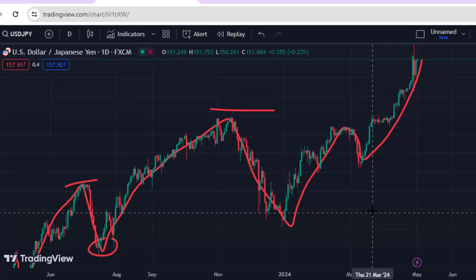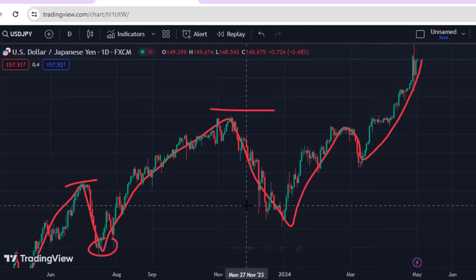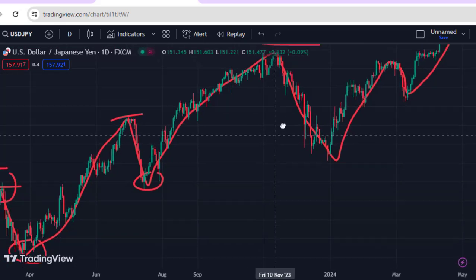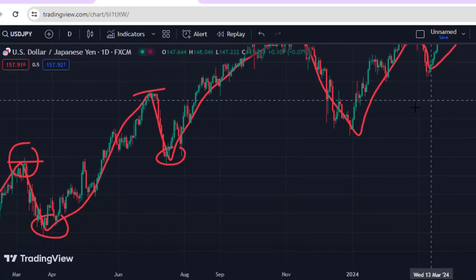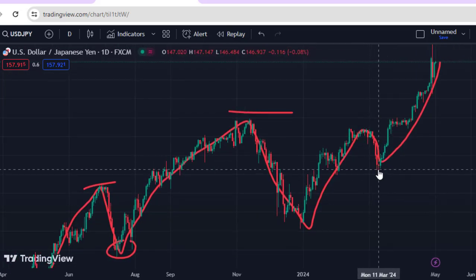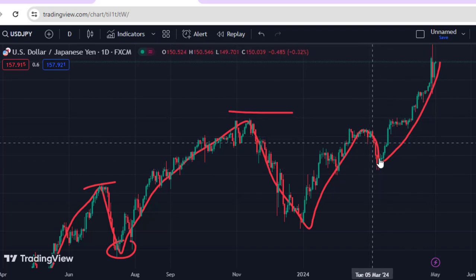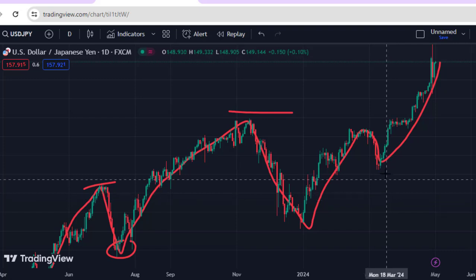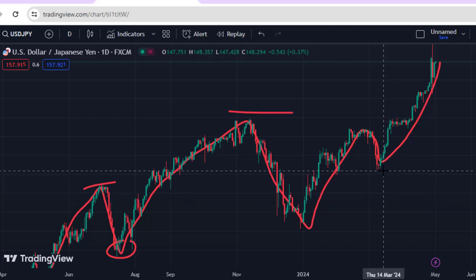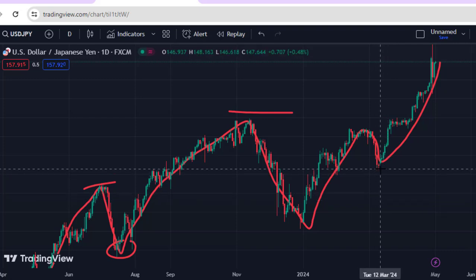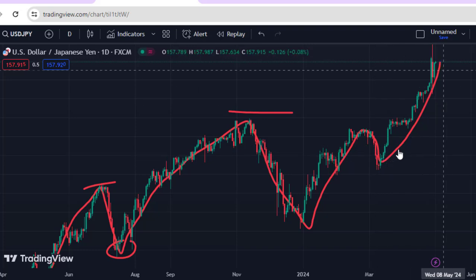But we need to pay attention to the overall trend. The overall trend was showing us that the market is moving upward. Therefore, we are going to take the market moving upward instead of the market moving to the downside. And that is why a buy continuation pattern is an important thing to look for in this area.